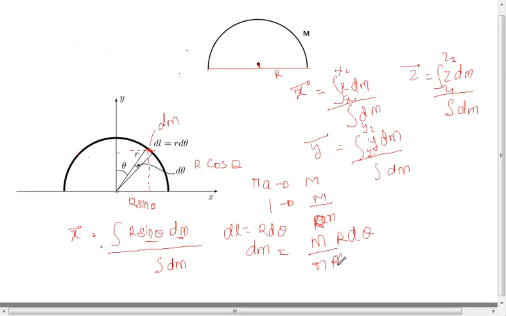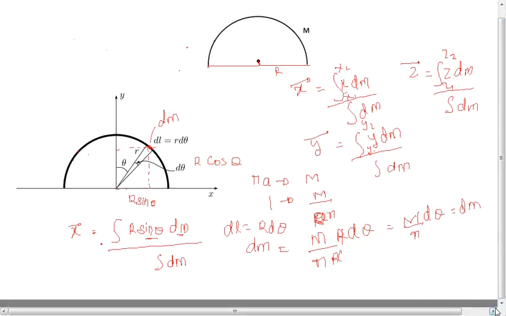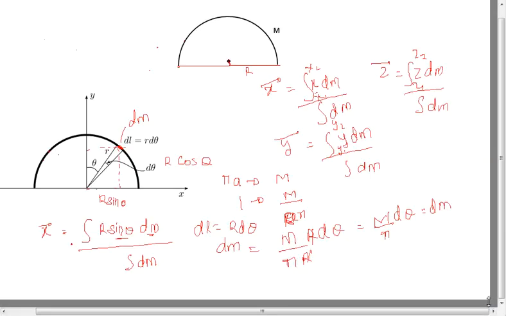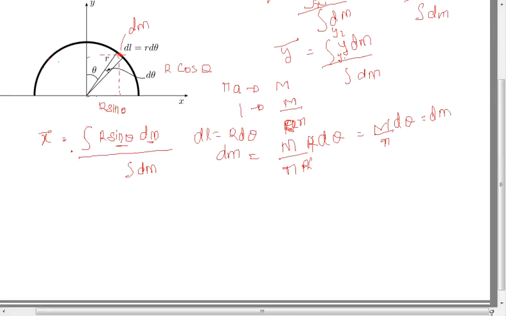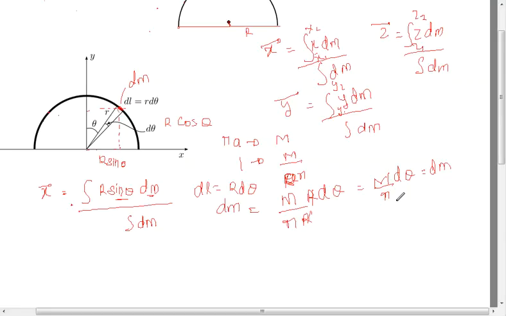Okay guys, so I can write m by pi d theta is equal to dm. So what can we do here?